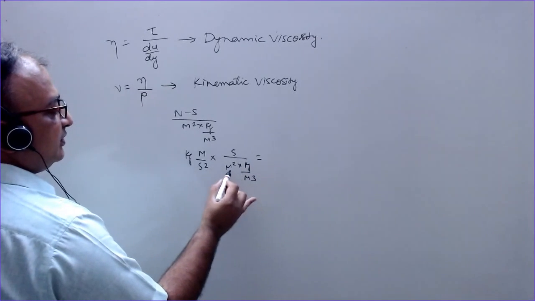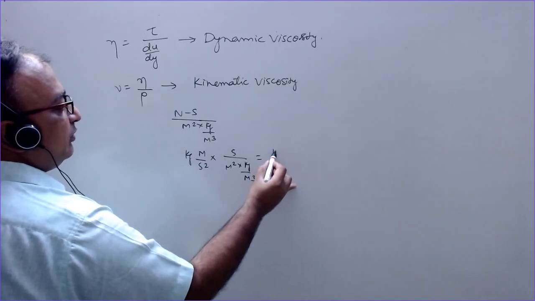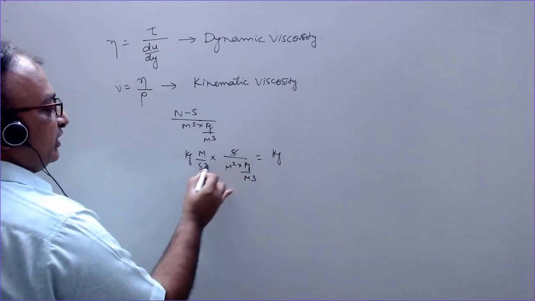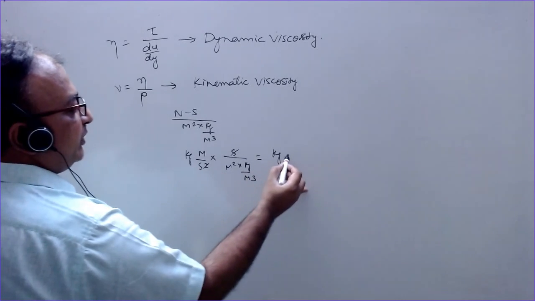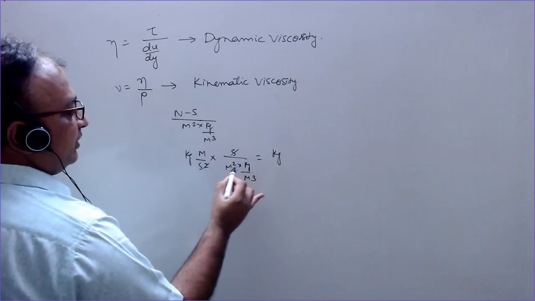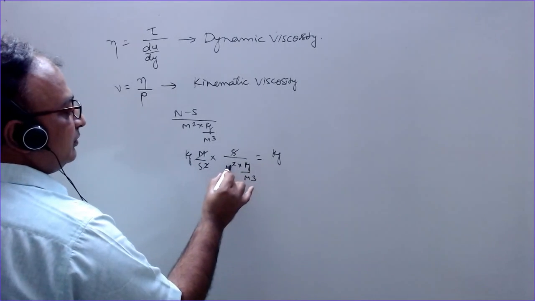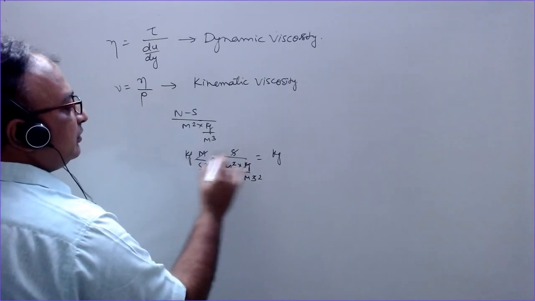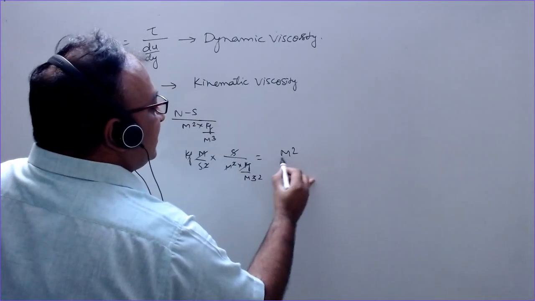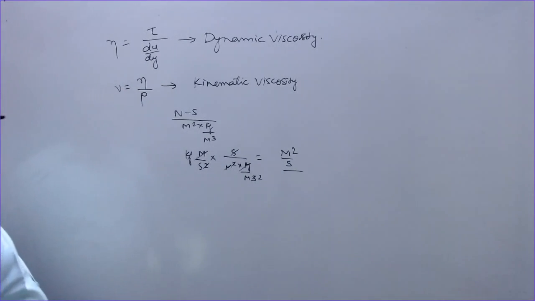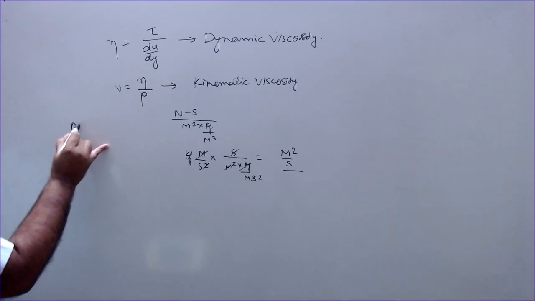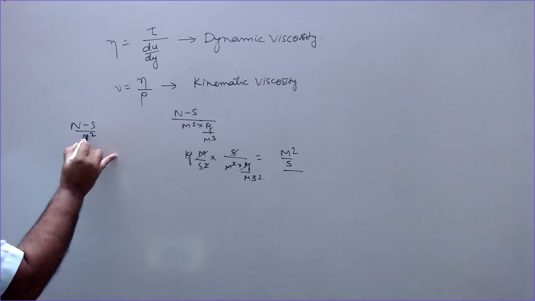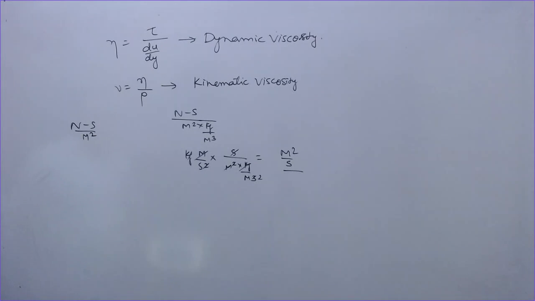Kilogram cancels out, and we get meter square per second. So this unit and Newton second per meter square are the SI units of the viscosity.